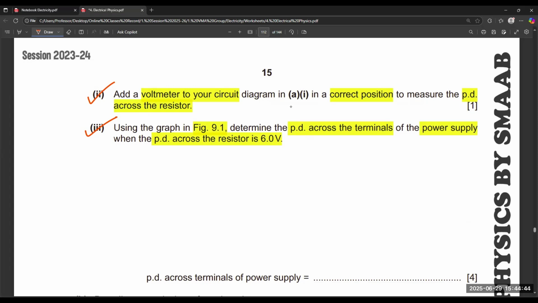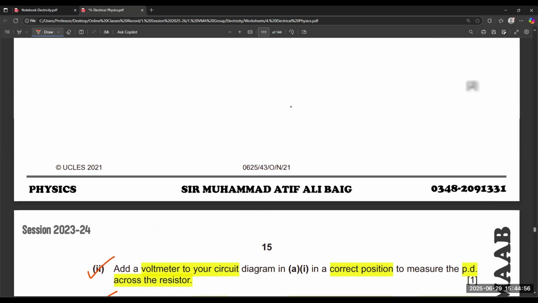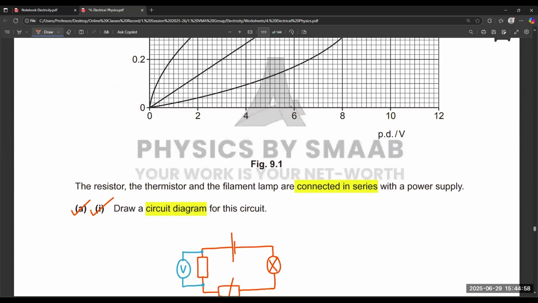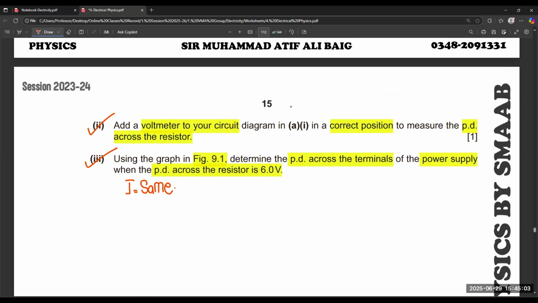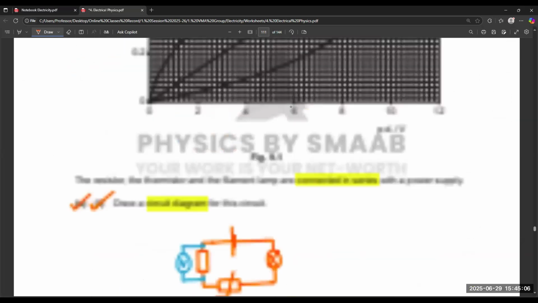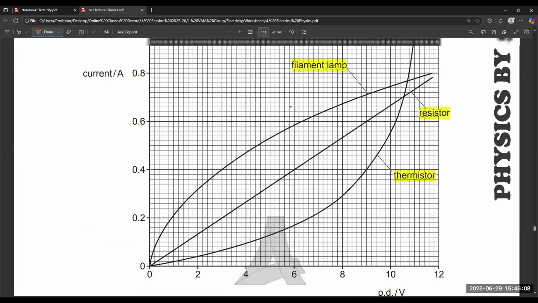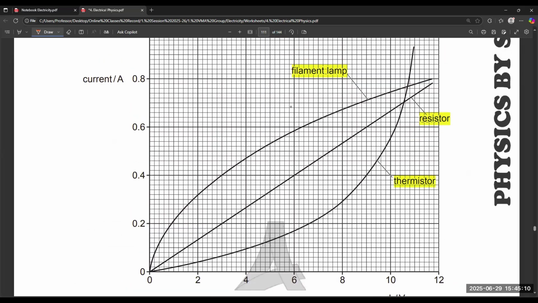And we know one thing only, that it is in series combination. So current remains the same. Voltage of the resistor is 6 volt. So this straight line is the graphical representation for the resistor.